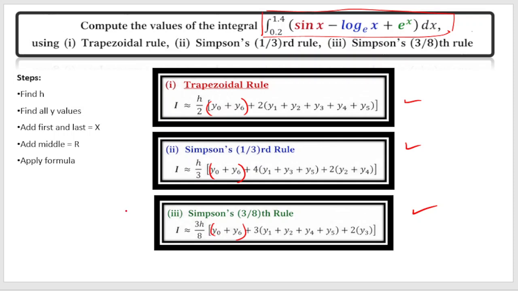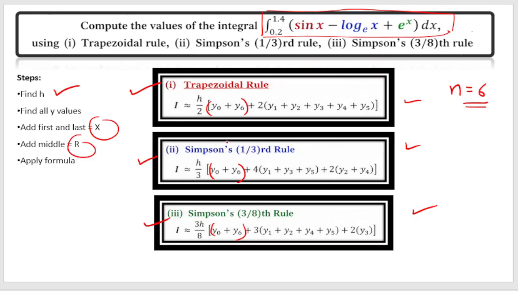If I take n equal to 6 to calculate the value of h, we can use the first rule, because there is no restriction on n for the trapezoidal rule. Remember, for Simpson's one-third rule, n must be even, so I'm going to take n as 6. It fulfills the condition of Simpson's one-third rule, and if I keep n as 6, it will also fulfill the condition of the 3 by 8 rule. Here X stands for the sum of extreme values and R denotes the remaining.